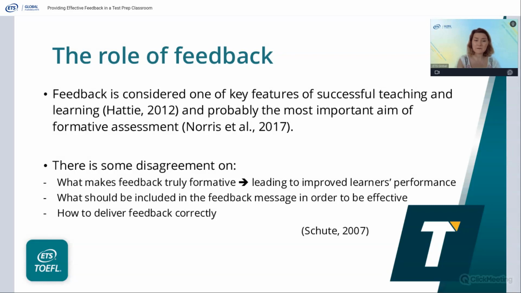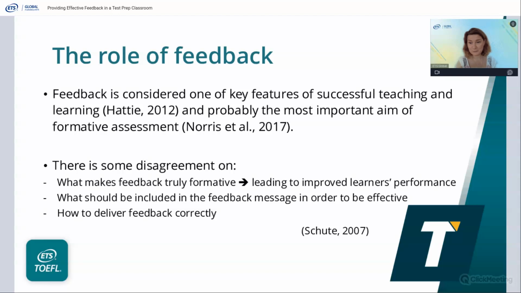There is some disagreement on what makes feedback truly formative, how to make sure that the feedback we provide really leads to improved learners' performance. Because just the fact that we are providing feedback may not necessarily mean that it will help in improving the performance. Then what should be included in the feedback message in order for it to be effective?